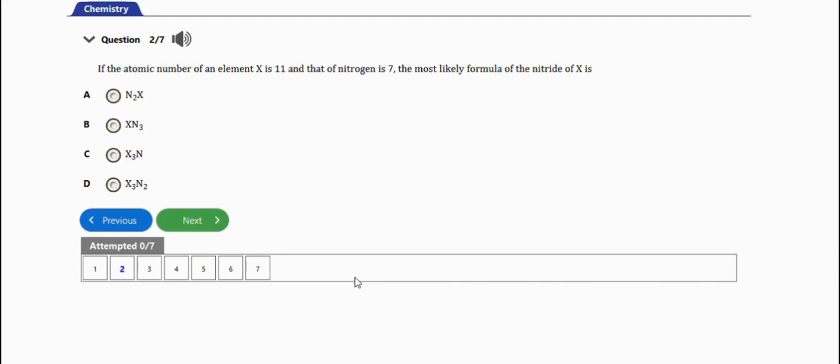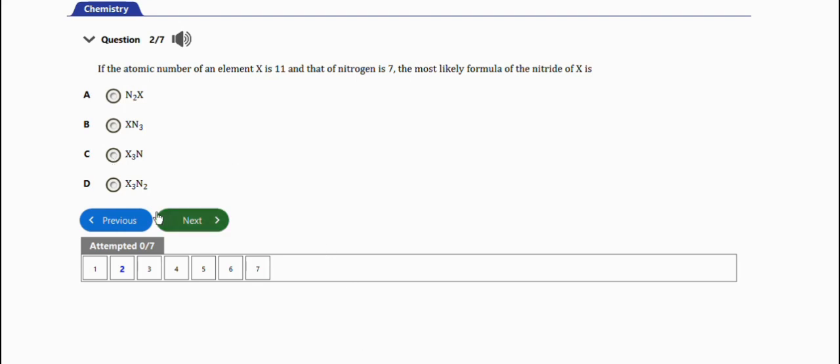So what will happen in this reaction between sodium and nitrogen is that nitrogen will receive the 3 electrons it needs from sodium, whereas sodium will transfer the 1 electron it is going to give to nitrogen. So when that happens, I'm going to have sodium nitride. Option C is the right answer to this question.